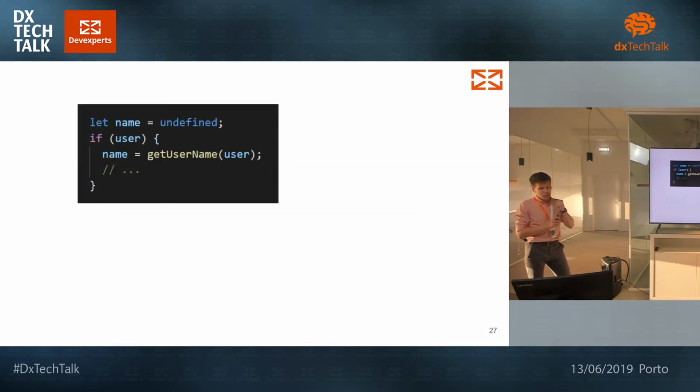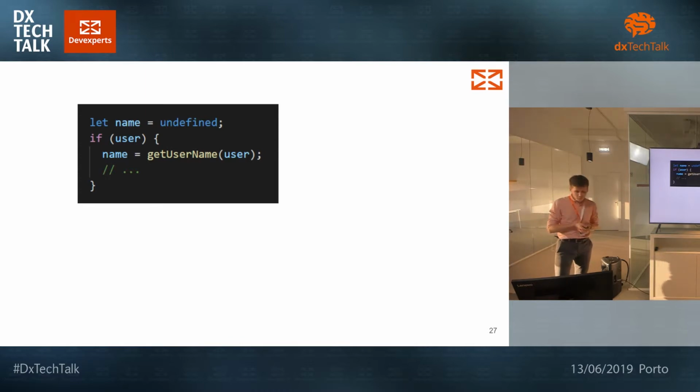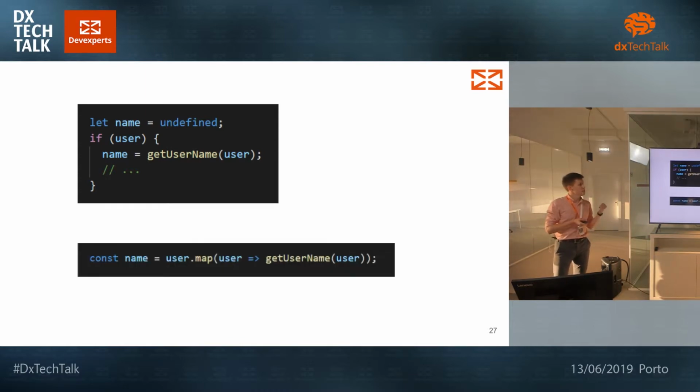But now we want to get some derived value, and the whole idea was to avoid these ugly checks, right? And option has a method called map on the instance. It accepts a callback describing how to calculate a value derived from your optional value.